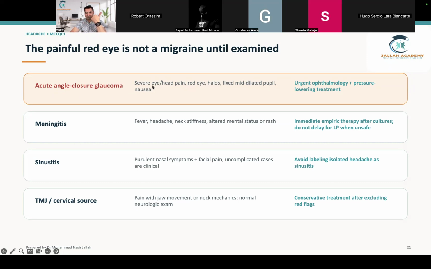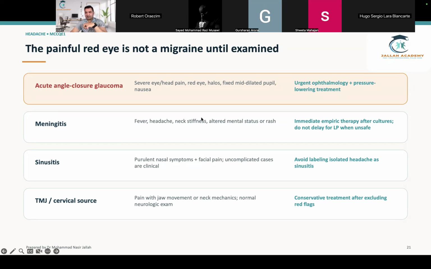It will be severe eye pain or headache. It could be left, it could be right, but it is unilateral. And it will be red, and the vision will be hazy, with a fixed, mid-dilated pupil, and nausea. Urgent ophthalmology, pressure lowering treatment. You have to start decreasing the intraocular pressure.